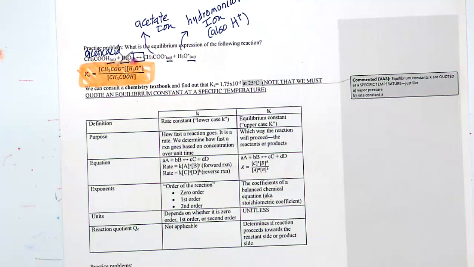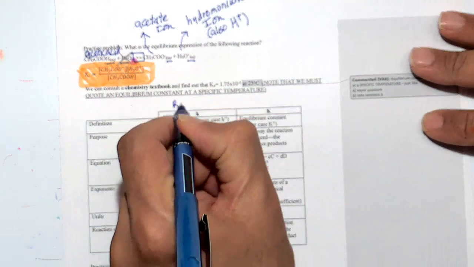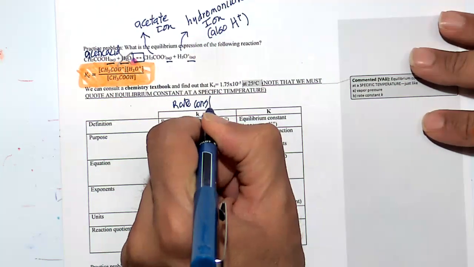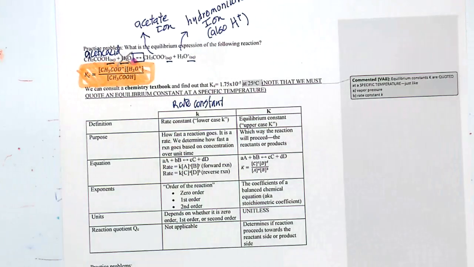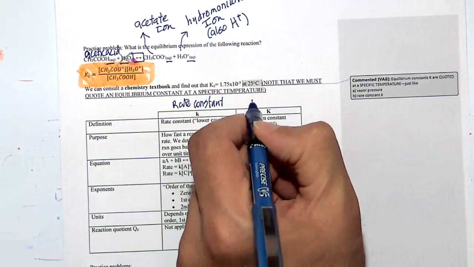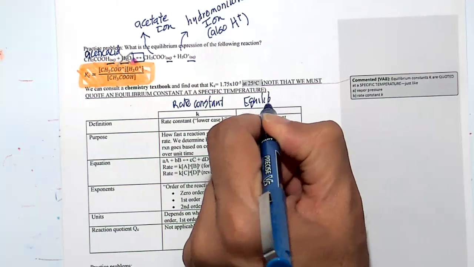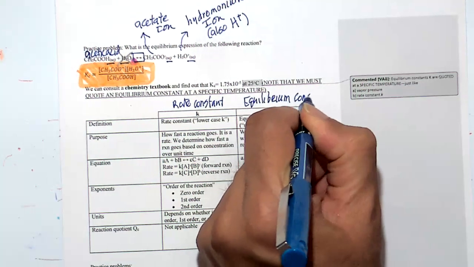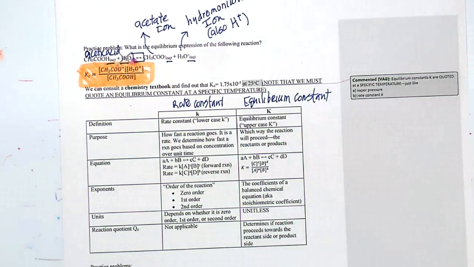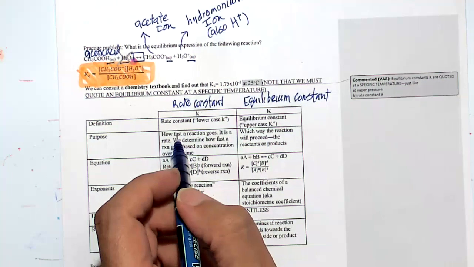All right, some differences between k and K. First of all, lowercase k is what we call the rate constant. Remember this from our last chapter? And what we're studying now is the equilibrium constant. So the confusion is one is lowercase, the other is uppercase. What's the point of lowercase k?